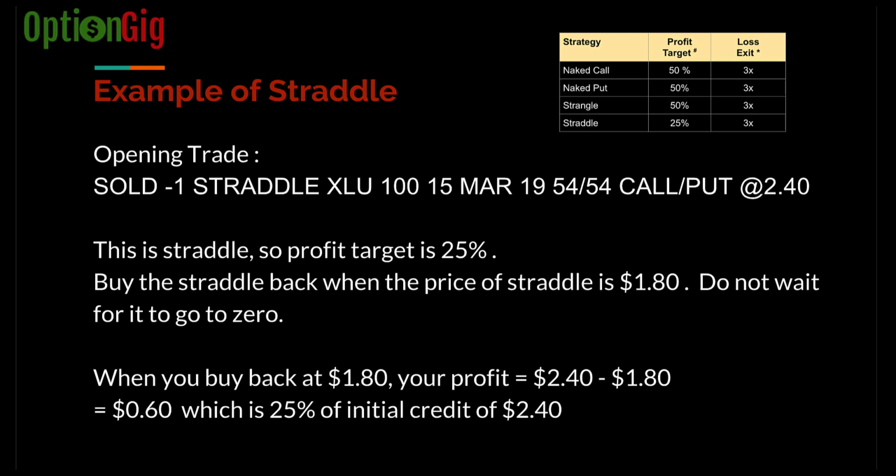Since this is a straddle, the profit target is 25%, which means you should buy the straddle back when the price of the straddle reaches $1.80. When you buy back at $1.80, your profit is $2.40 minus $1.80, which is 60 cents, meaning 25% of the initial credit of $2.40.